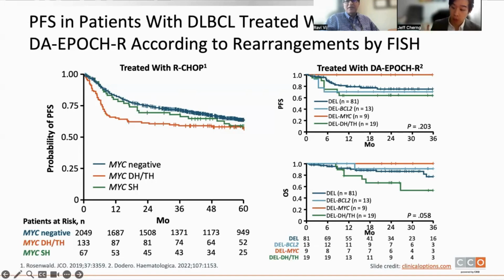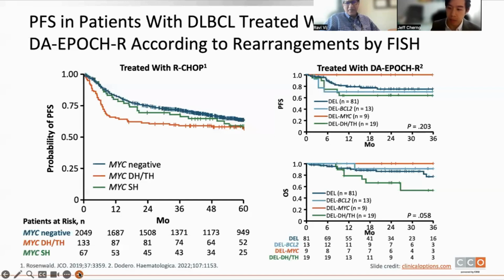So for most comers, at least in terms of prospective evidence, there has never been a trial that's demonstrated any benefits of dose-adjusted R-EPOCH over R-CHOP alone, most notably with the CALGB 50303 study that looked at R-CHOP versus R-EPOCH for all comers with newly diagnosed DLBCL, or most.